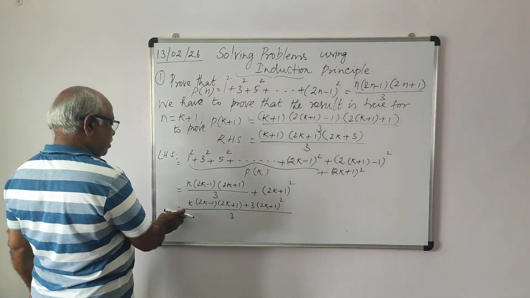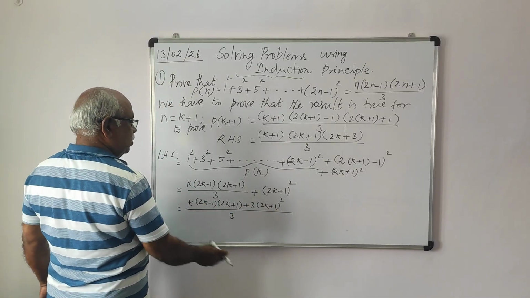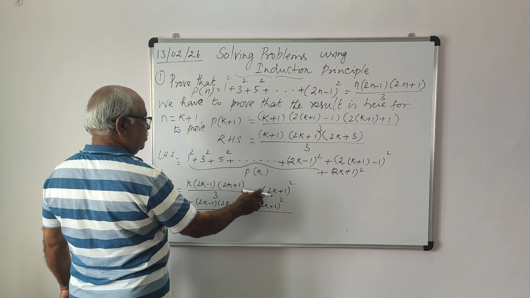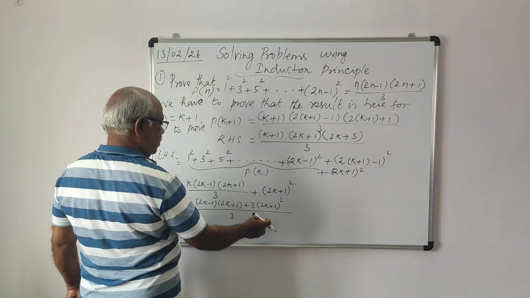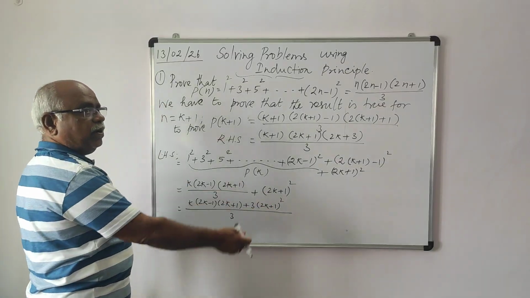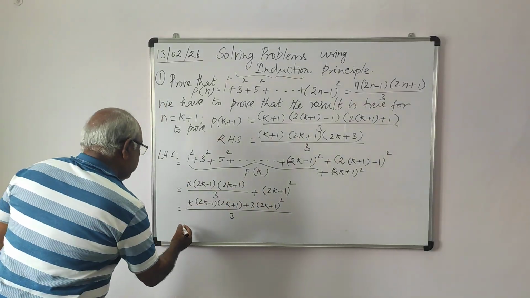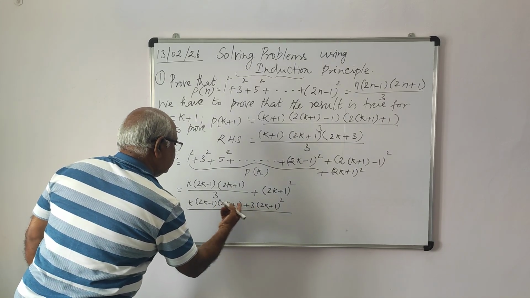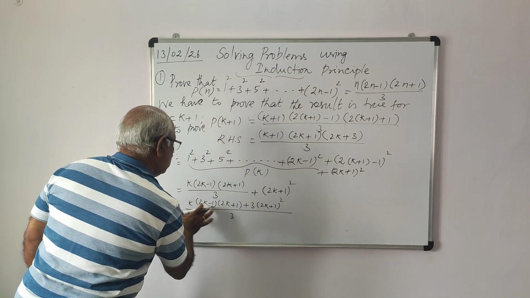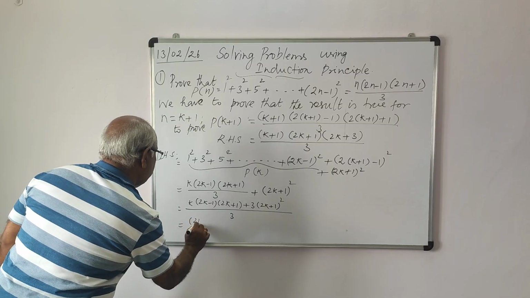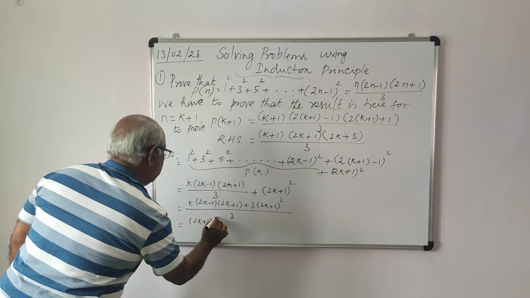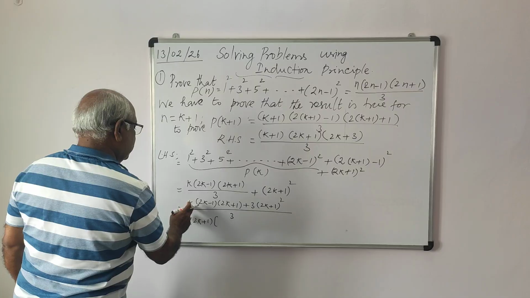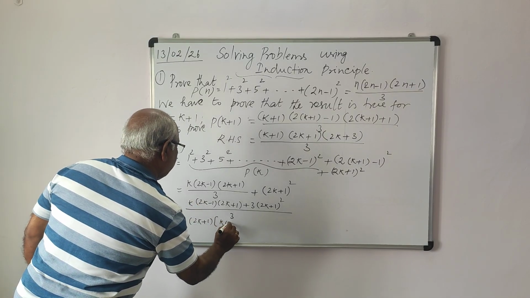After taking the common denominator 3, you have to multiply the second term with 3: 3 into (2k plus 1) whole square. In the numerator you find 2k plus 1 as a common term in these two terms. Therefore, the remaining term is k into (2k minus 1) here.